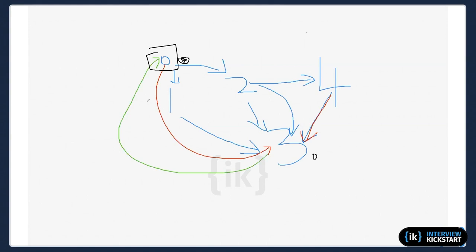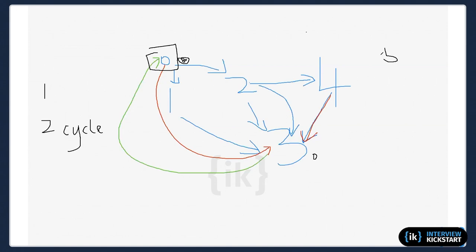This is the one condition I need to check: there is no cycle. The second one, I cannot have separated components. I can only have one component, which means I cannot have two components in the graph.